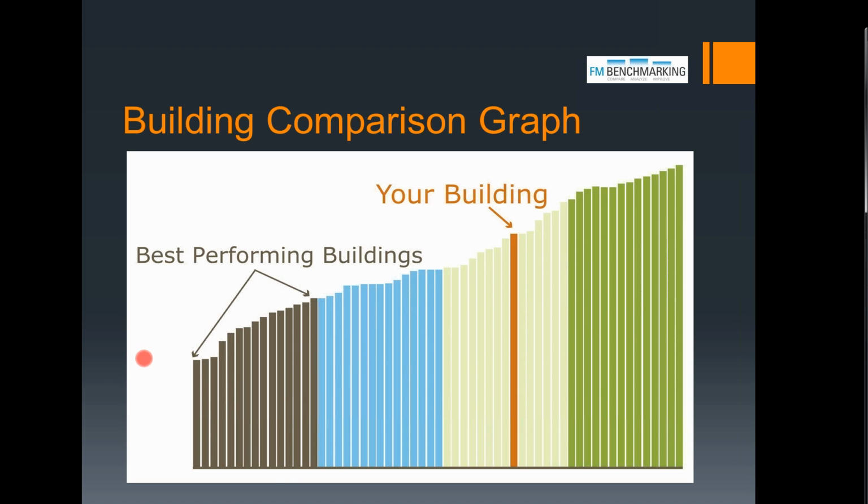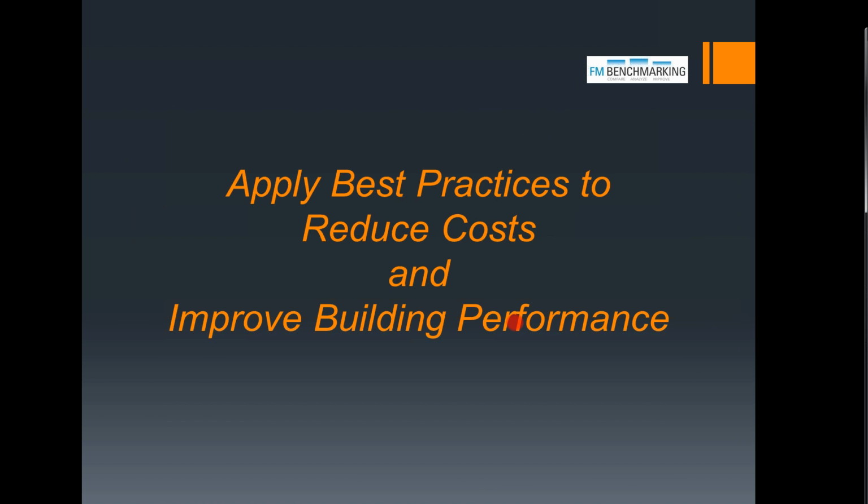But the question begs itself, what are these buildings in the first two quartiles doing that your building is not doing? In other words, which best practices are these guys following that you're not following in your building? So that's benchmarking at another level, a deeper level. You can use benchmarking that way and find out not only how well your building is doing, but how you can make it perform better.